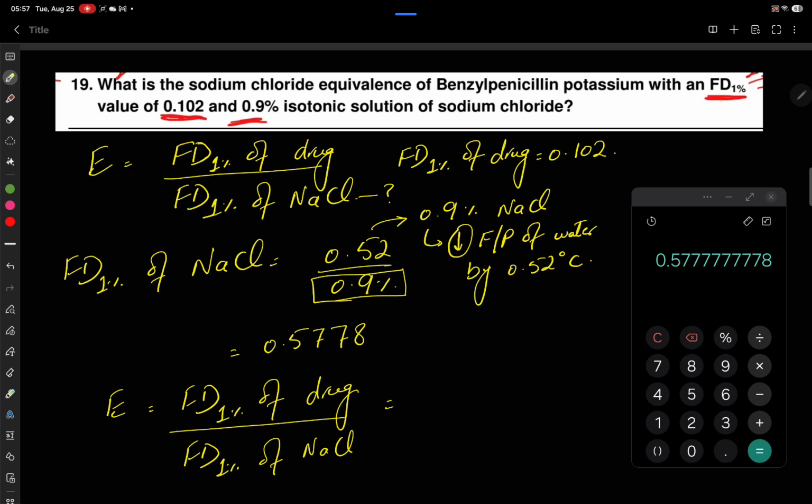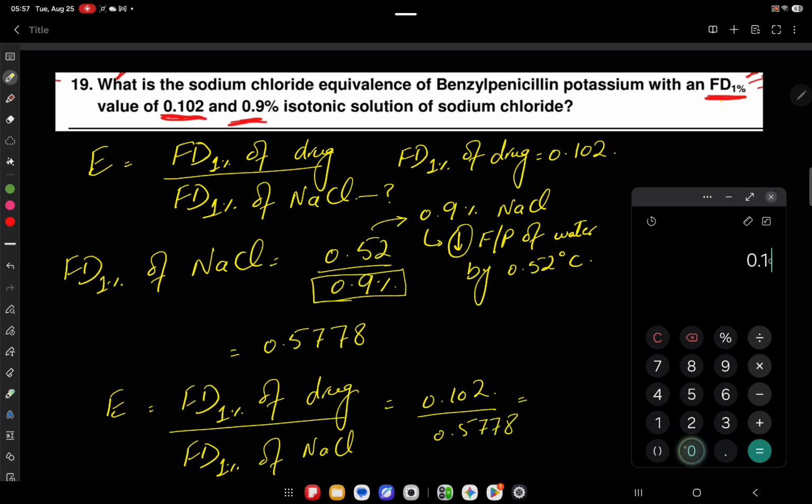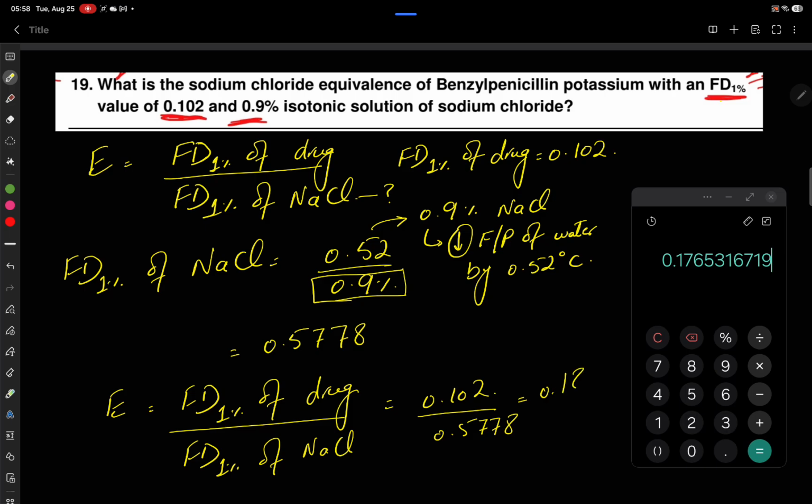FD 1% of drug is 0.102 and FD 1% of NaCl is 0.5778. So 0.102 divided by 0.5778 will be equal to 0.1765 or 0.18.